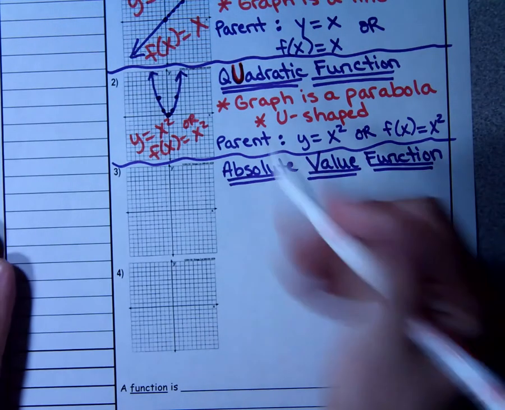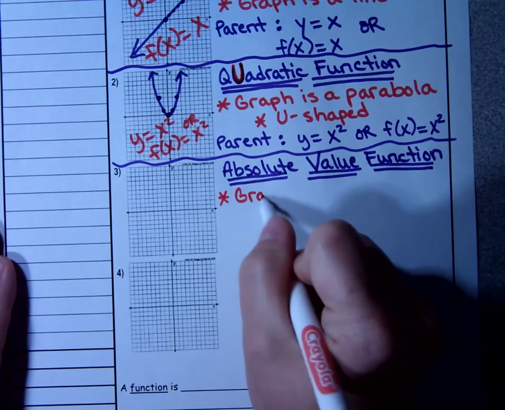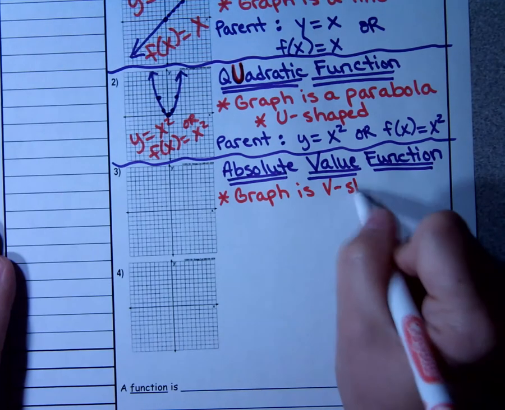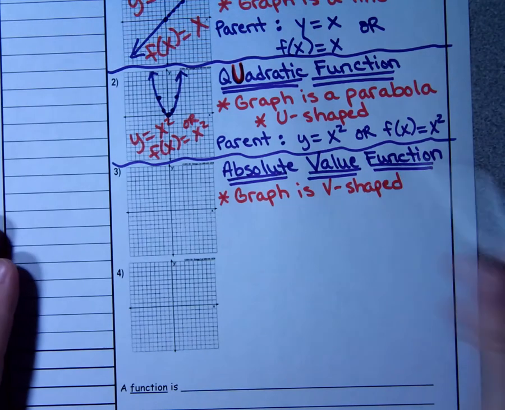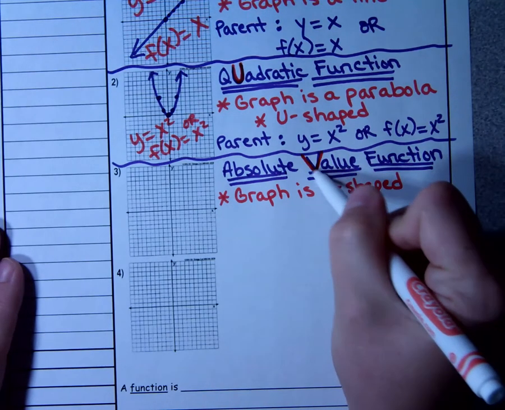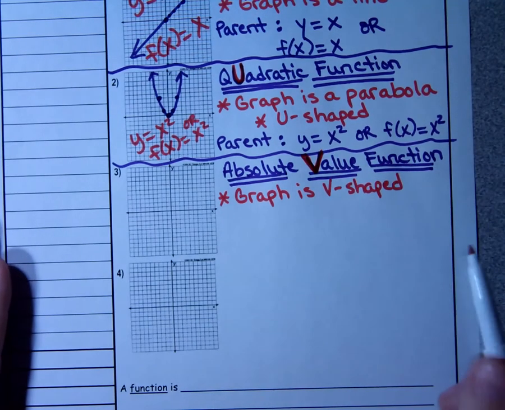This graph is V-shaped. So let's write that down. Graph is V-shaped. And the name kind of helps us remember that. Absolute value has a V, and so the graph is V-shaped.